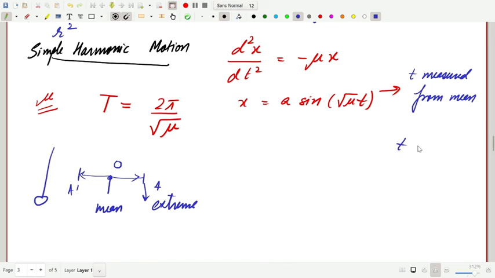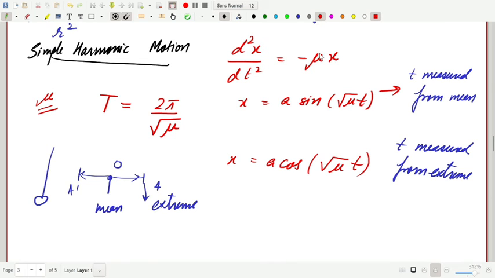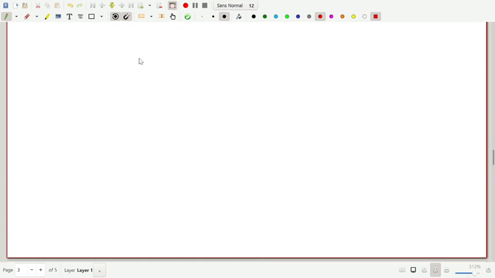When t is measured from extreme, then we take value of x to be A cos mu t, and in above case value of v is equal to plus minus mu under root a square minus x square. Last step.